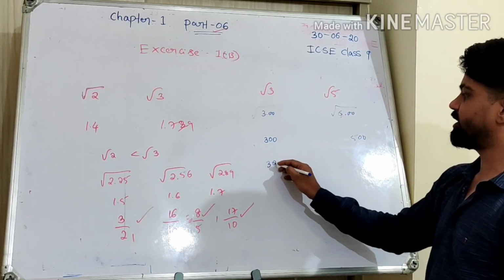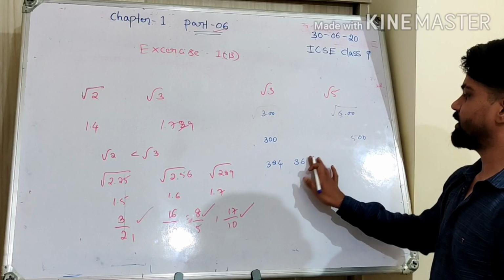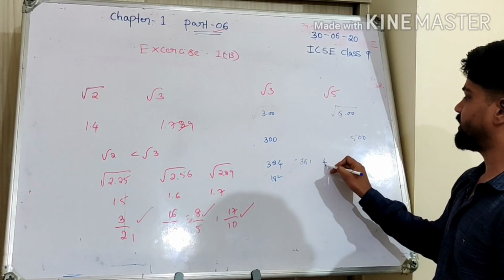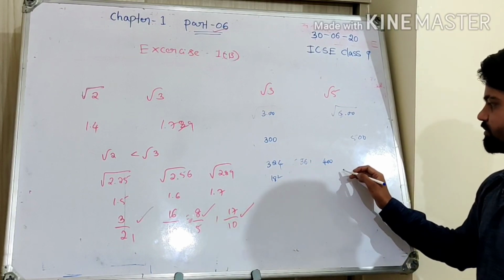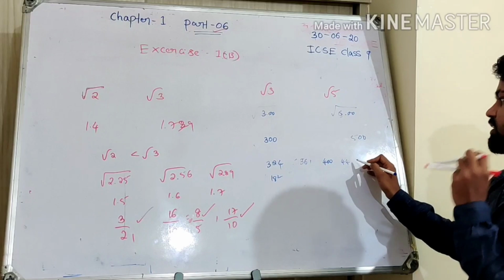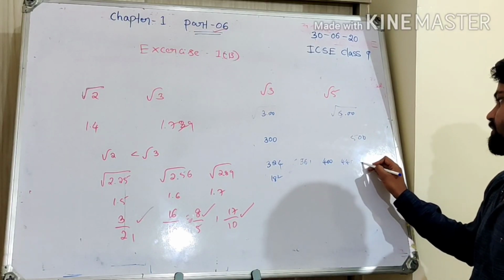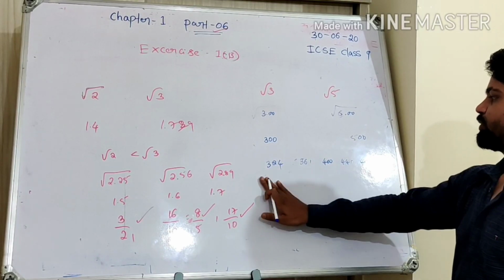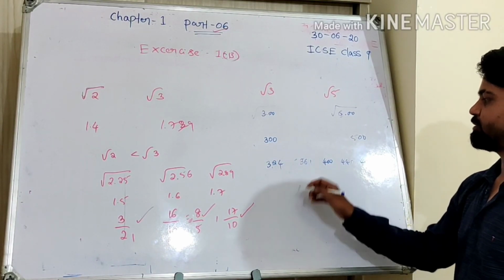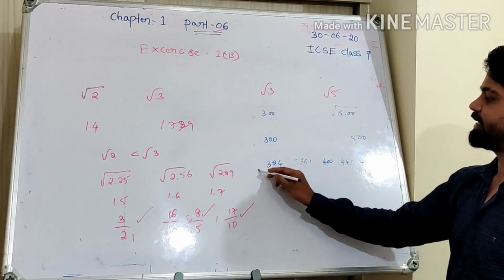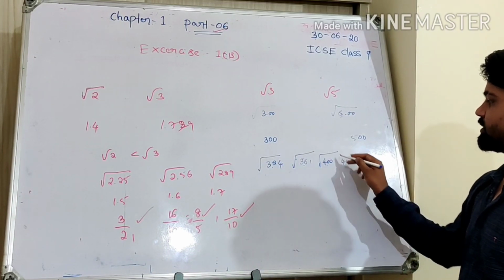So we have 324, that is 18 square, 19 square, 20 square, and then 21 square, 22 square, 484, 23 square, 529. It's crossing 500, so we are not looking at this. We have to go for 2 decimals here, 3.61, 4.41, and then take their square root. That will be your answer.